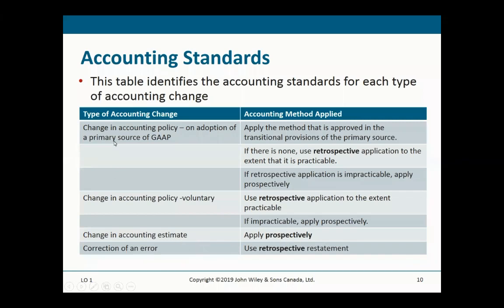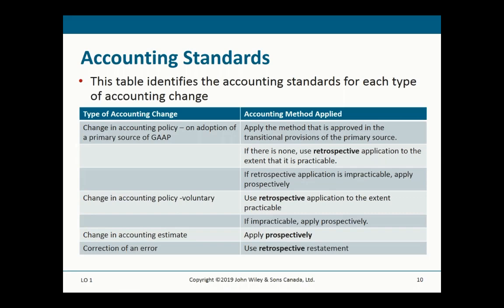With changes in accounting policy, like I mentioned, last year we're operating the same way as this year, but we're using a different accounting policy this year. So the standards require us to apply retrospective treatment.